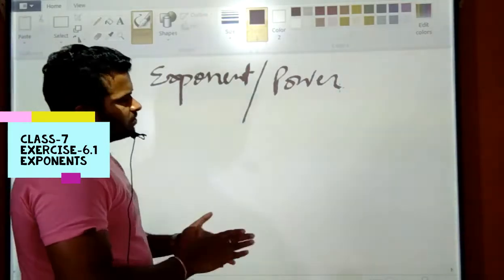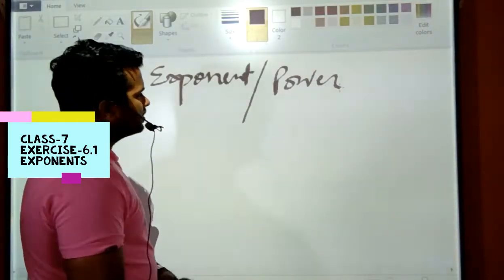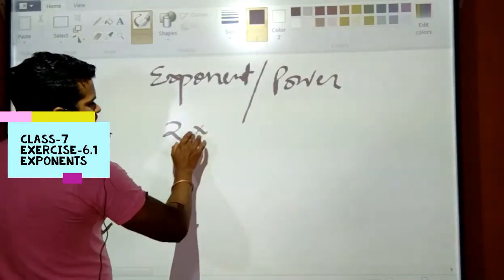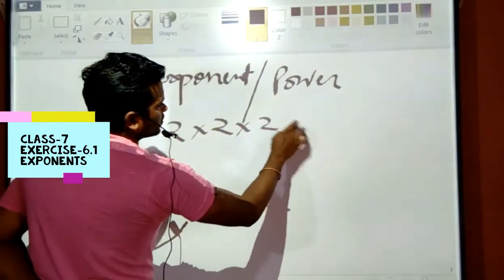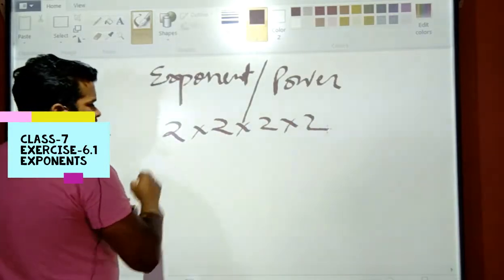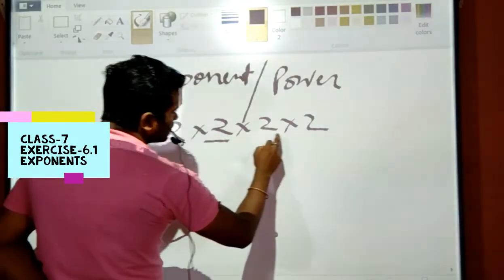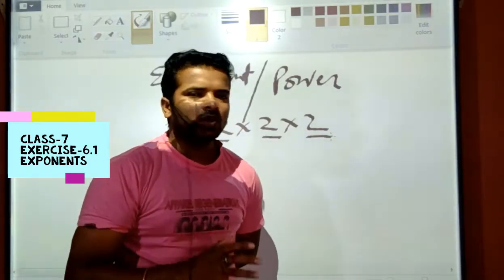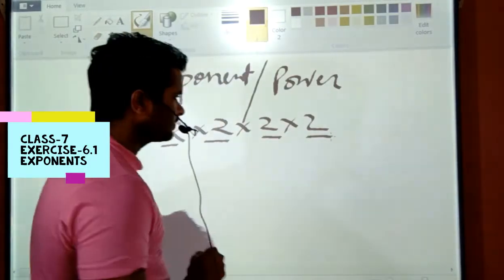Now, what is the meaning of power? Let me remind you, suppose it is 2 into 2 into 2 into 2. Here 2 is there 4 times.